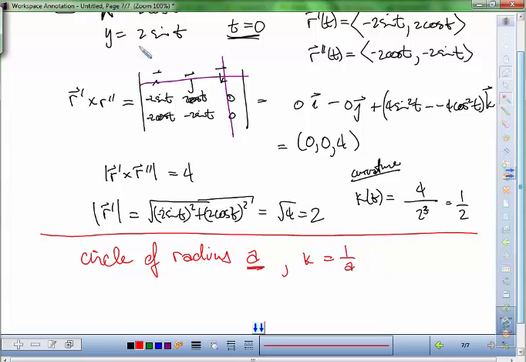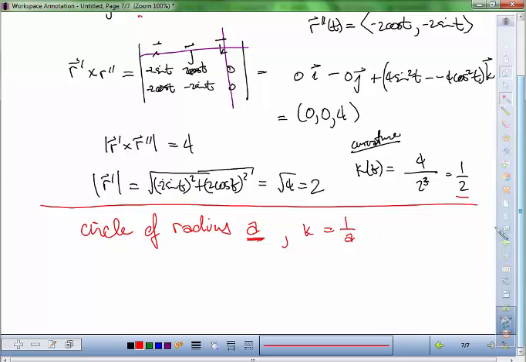So we got a circle of radius 2, and we got the curvature to be 1/2, and that's not a coincidence. Yeah, so the bigger the circle, the less it turns.